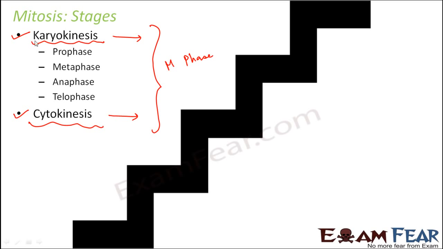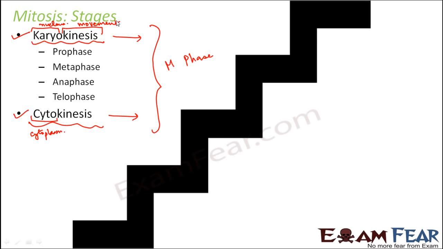So what is karyokinesis? The word karyo means nucleus, and the word cyto is derived from cytoplasm. And kinesis is derived from the word kinetic. You would have heard of kinetic energy. What is kinetic energy? Energy due to motion. So kinetic is something related to motion. So kinesis is also something related to movement or motion.